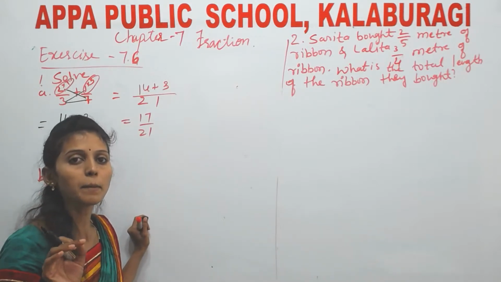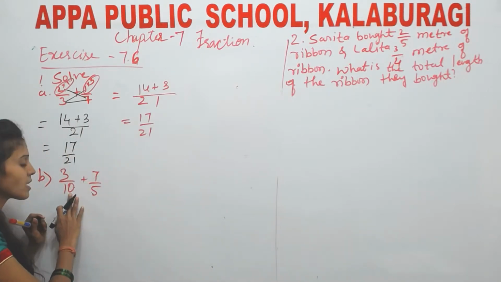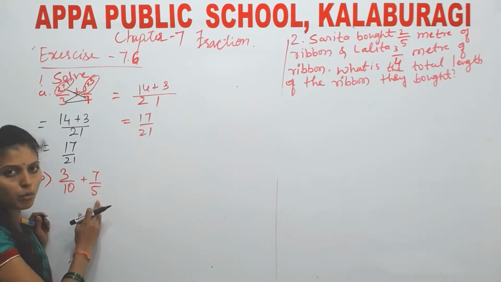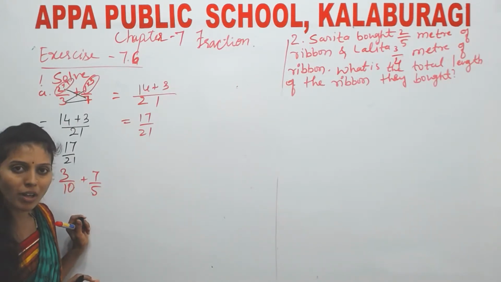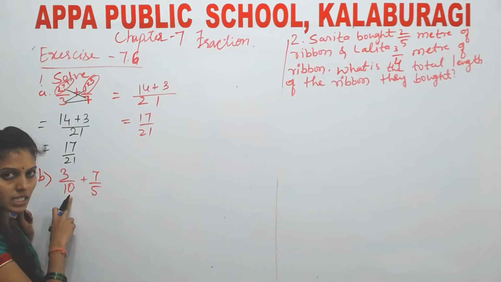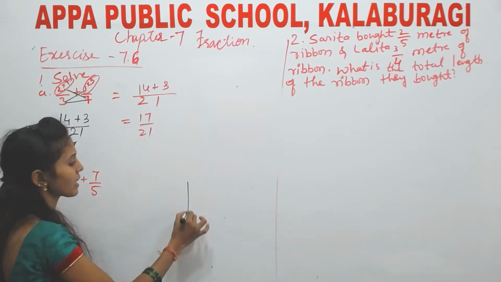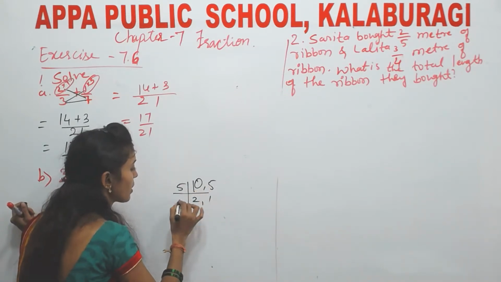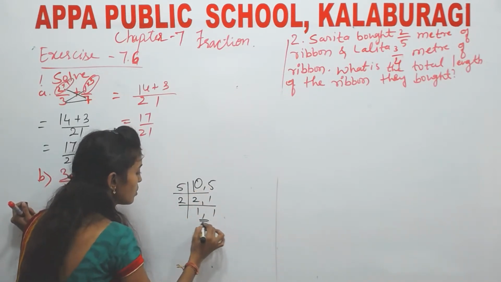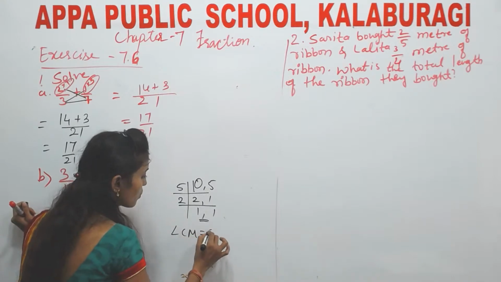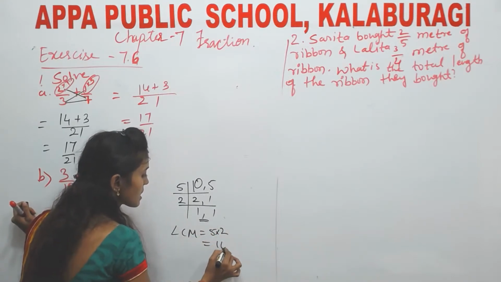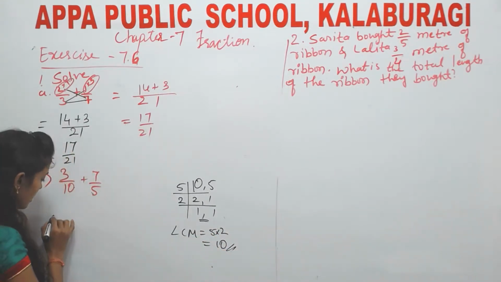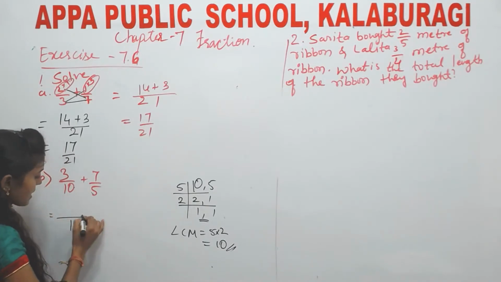Least common multiple. 10 is a common multiple of 10 and 5 both, and it is the smallest one. Therefore, 10 is the LCM. Or else you can find it like this also: 10, 5. 5 twos are 10, 5 ones are 5, 2 ones are 2. So LCM equals 5 into 2, that is 10.